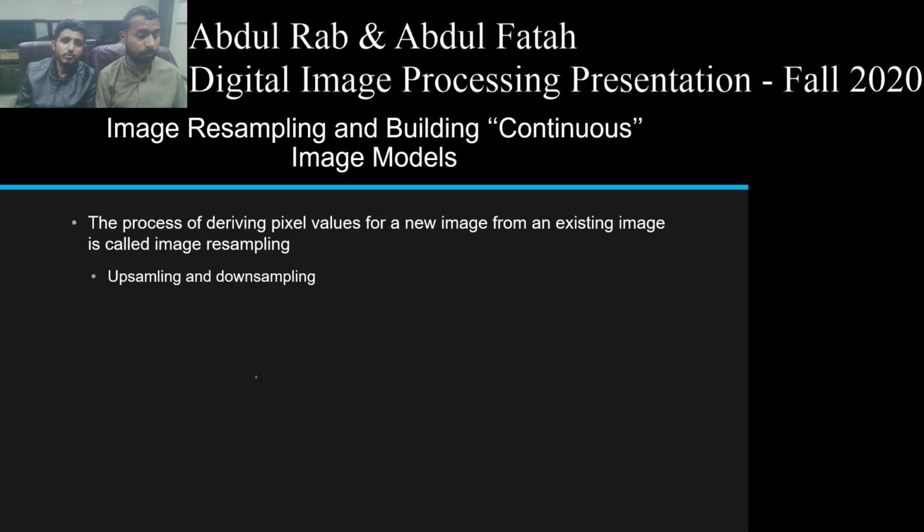For example, if we have an original image of 1,000 by 1,000 pixels and we make a new image of 2000 by 2000 pixels, that is known as upsampling. If from the same 1,000 by 1,000 image we create a new image of 500 by 500 pixels, that is known as downsampling.